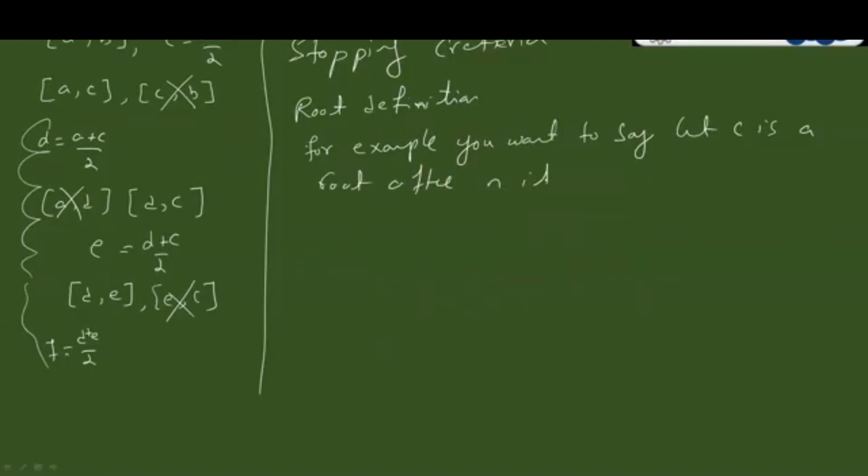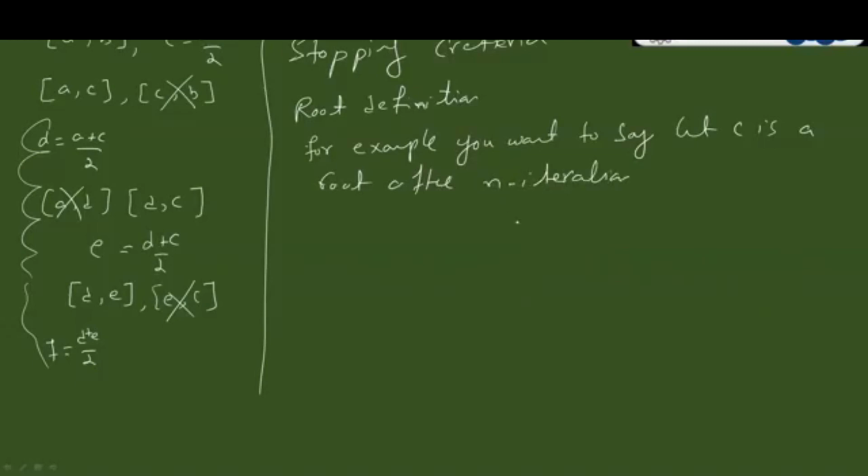This is the definition of the root. So what I want to do here, if you want to claim that C is the root, let C be a root after n iterations.